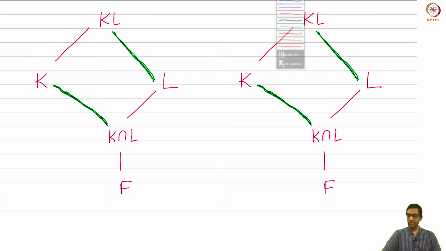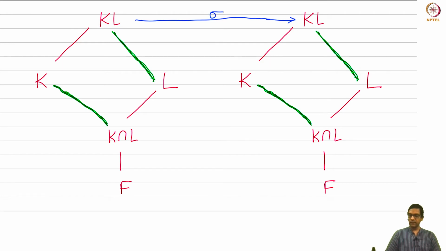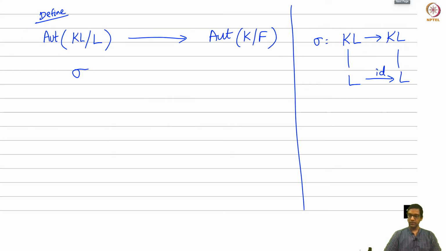Sigma is just a map from KL to itself, such that when you restrict sigma to L, it's just the identity map. Okay. So on L, it is the identity. So I'll just put a dot there to say it is the identity map. Now, how do I get a map? What do I need? I need a map from this to the set of automorphisms of K over F. Well, how do I get a map?